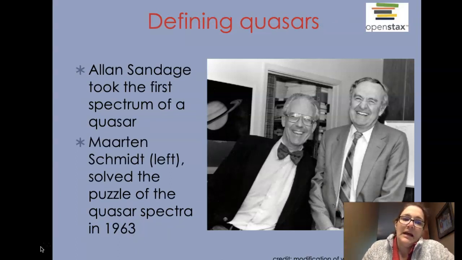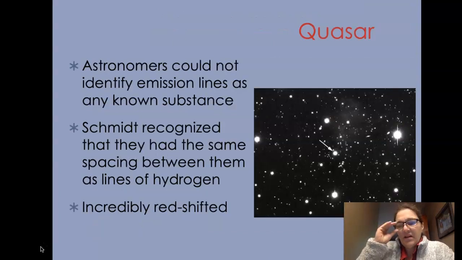So Alan Sandage took the first spectrum of a quasar, and then it was Martin Schmidt, who on the left, actually solved the puzzle of the quasar spectra. So what is that puzzle? Astronomers could not identify the emission lines.